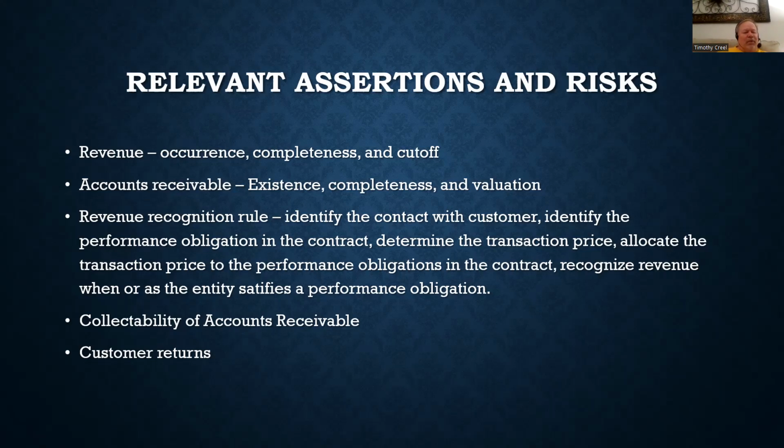So one of the things you look at is a lot of customer returns right after the first of the year. If you've got a good sales month in, say, December, and then a lot of returns in January, that could be an indicator of companies over shipping product right before the end of the year to help their sales. Now, granted, that does not necessarily mean that's the case.